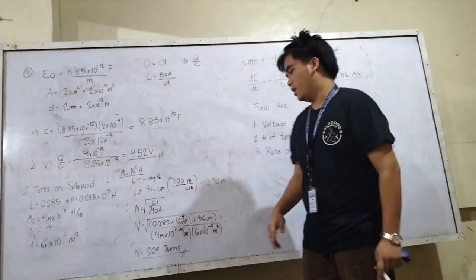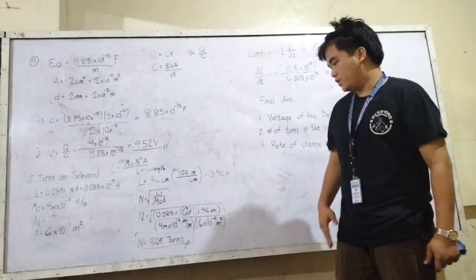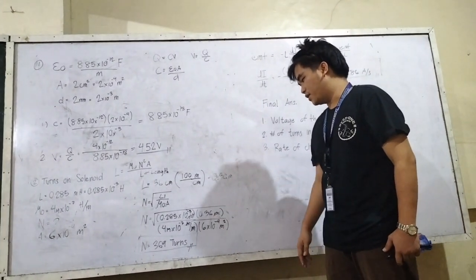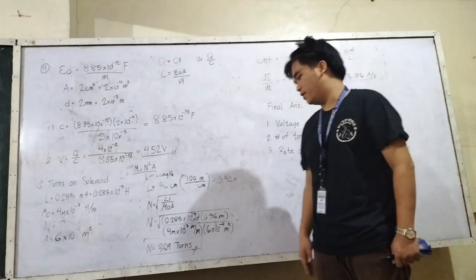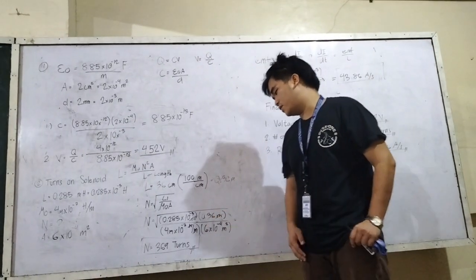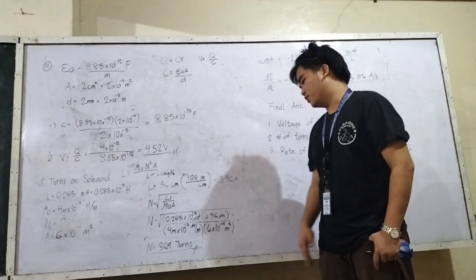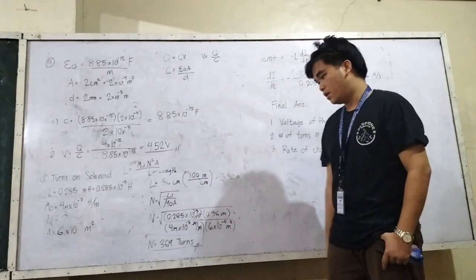So distribute the value. We have 0.25 times 10 raised to negative 3 henry times 0.36 meters over 4 pi times 10 raised to negative 7 henry per meter, then times 6 times 10 raised to negative 4 meters squared. So the answer is 369 turns.